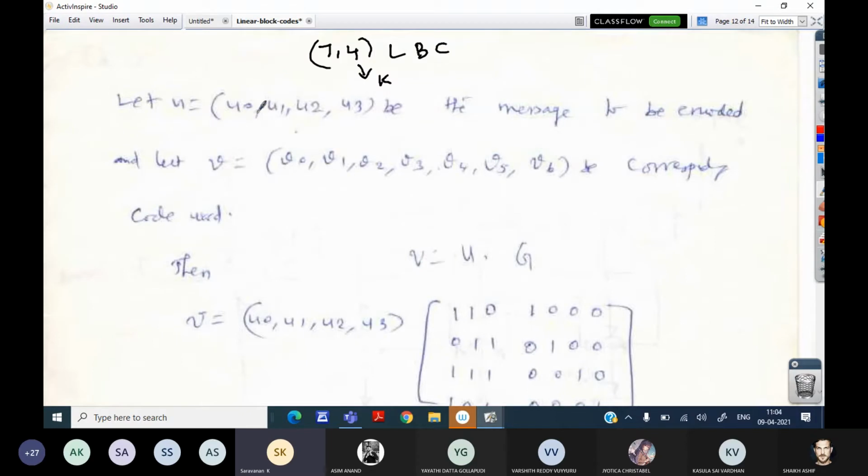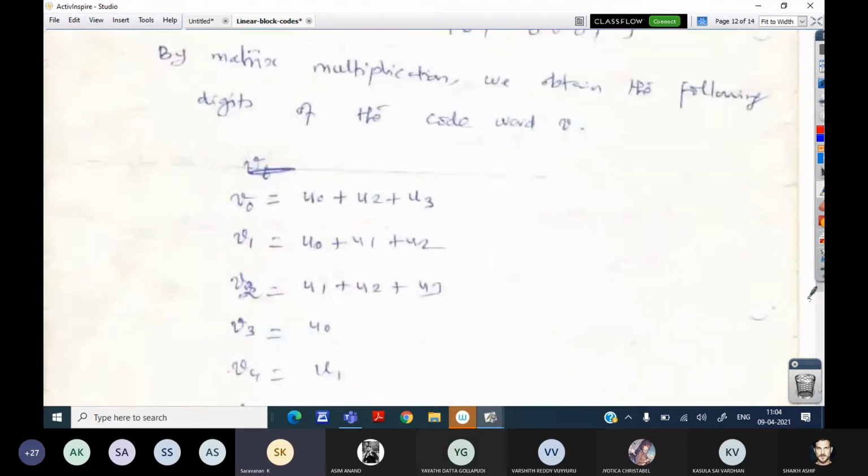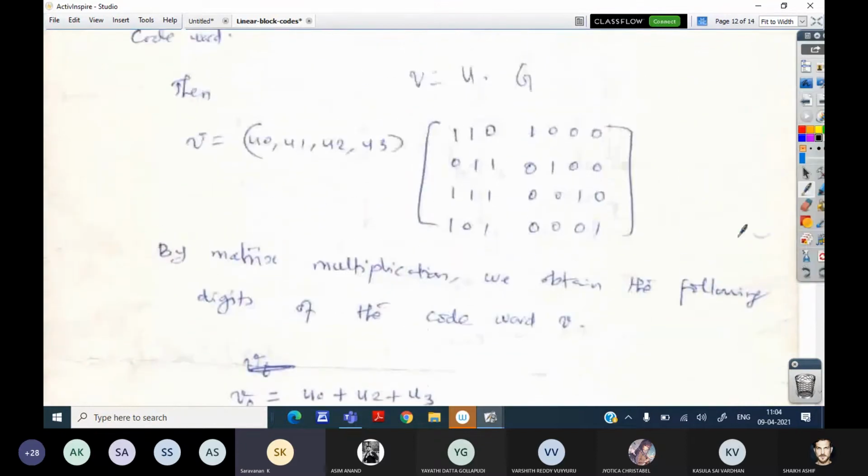Instead of substituting a specific 4-bit value, I'm going to take the general case. It is a row vector, and I'm multiplying this by G. G is already known; I have already shown how to generate the generator matrix.